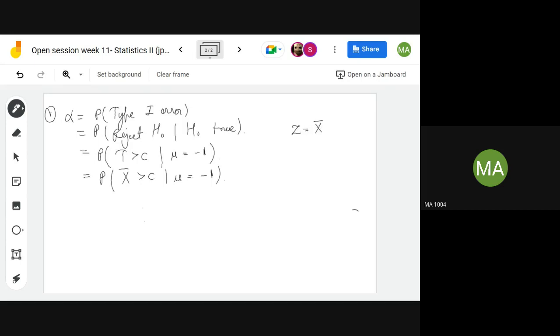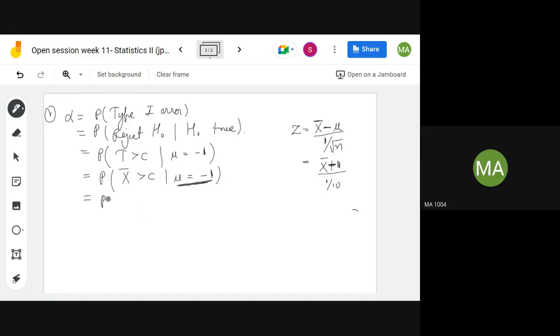It will be x bar minus mu, upon sigma upon root n. Sigma was 1, root n is root 100. And mu is given to be -1. So this is x bar plus 1 divided by 1 upon under root 100. So 1 by 10.